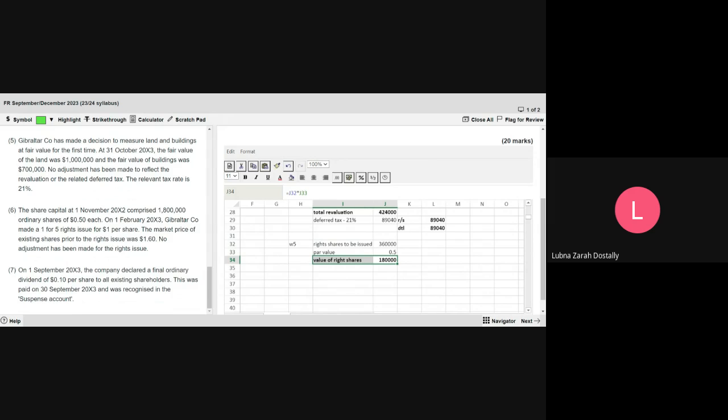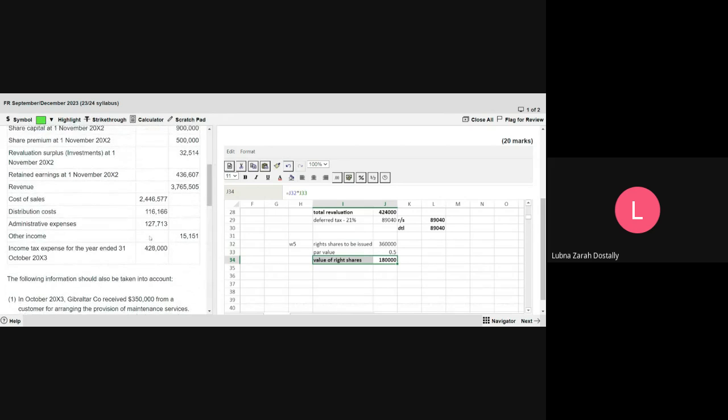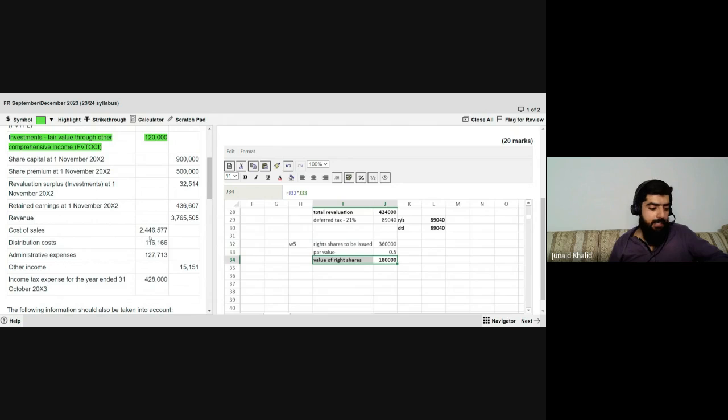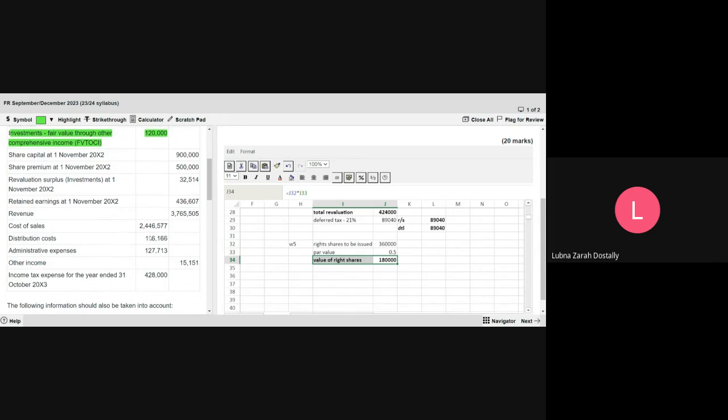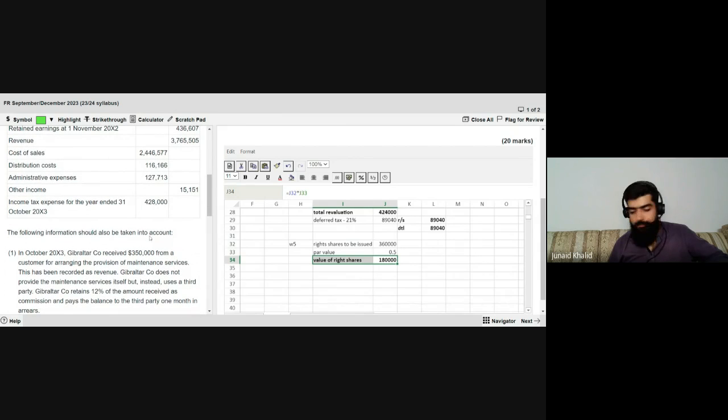The share capital that is already given is 900,000.